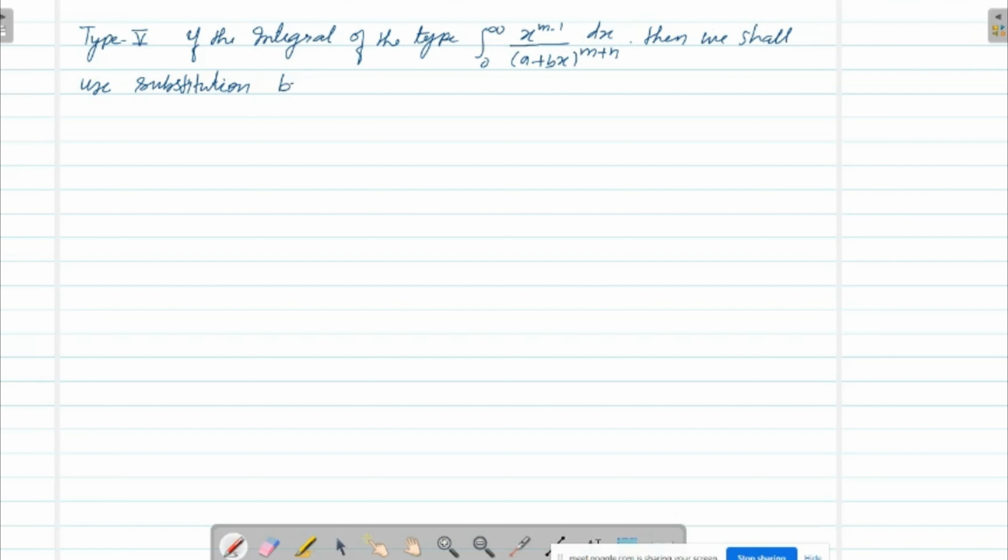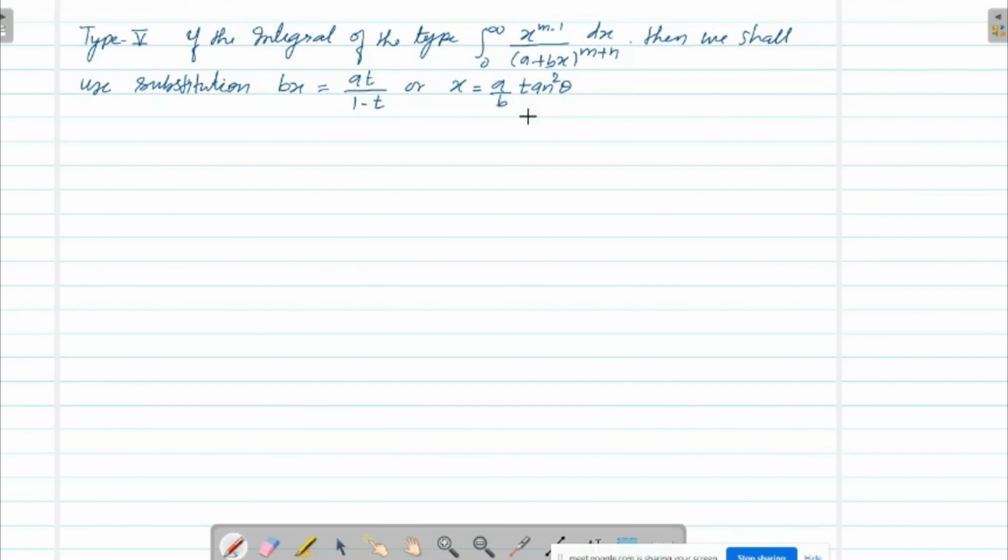That is bx equal to at divided by 1 minus t, or you can use x equal to a by b tan square theta.